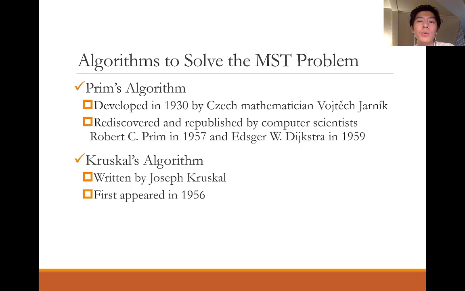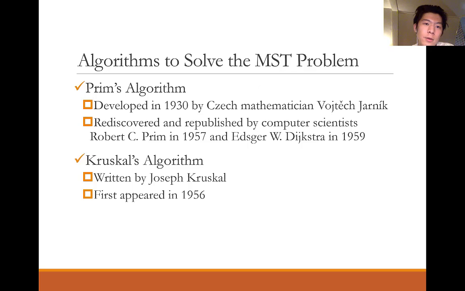The first one is Prim's algorithm. It was developed in 1930 by a Czech mathematician, and then it was rediscovered and republished by the computer scientist Robert C. Prim in 1957 and also Dijkstra in 1959.